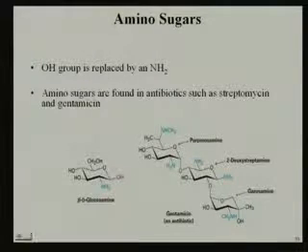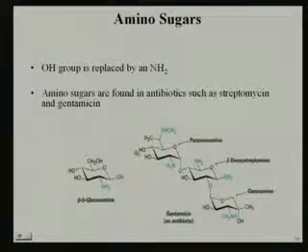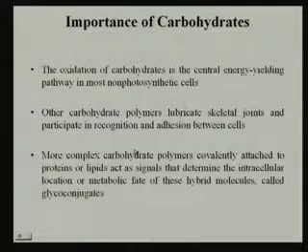Amino sugars are found in antibiotics, for example gentamicin. It is also present in glucosamine, which is one of the components of the cell wall of bacteria. So, this type of complex structure is found.